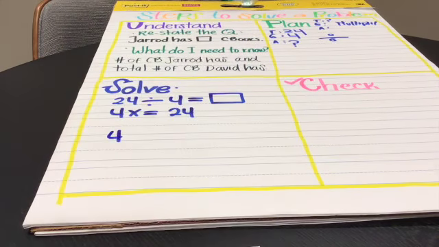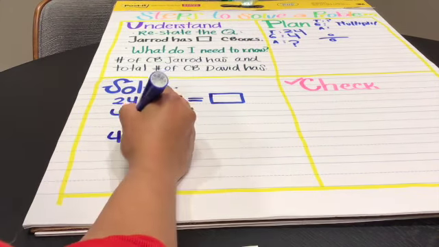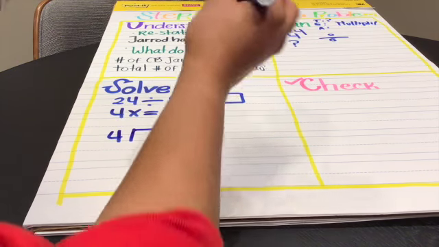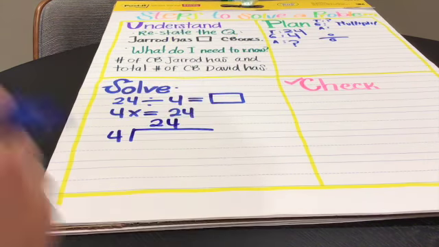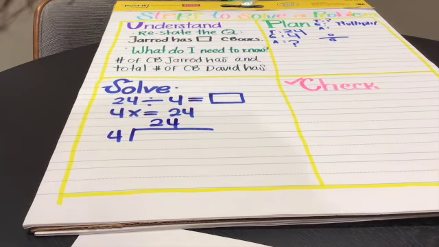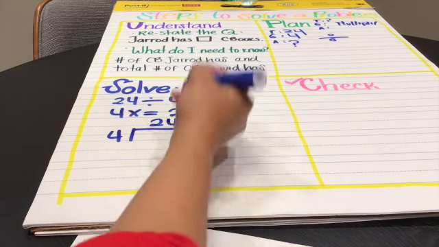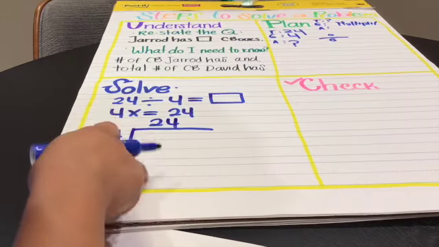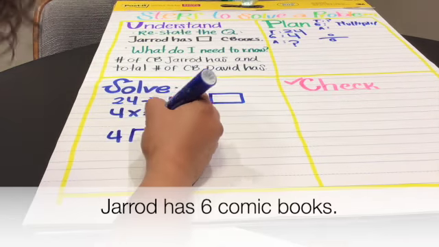Okay? Okay, so let's do a standard algorithm. I remember that this is my divisor, this is my dividend, okay? And I need to think, okay, how many 4s are in 24? And I already know that there are 6, because 6 times 4 is equal 24. So there are 6.